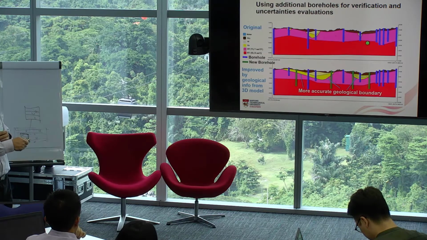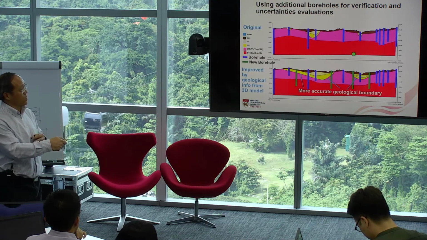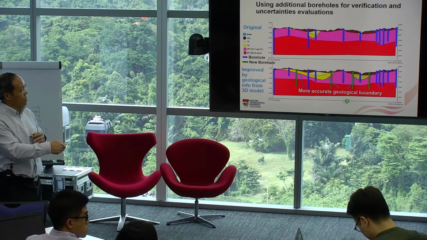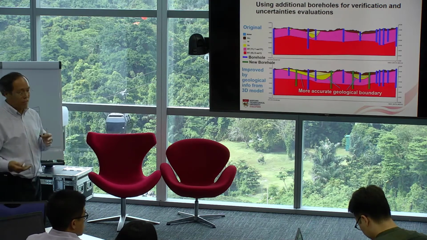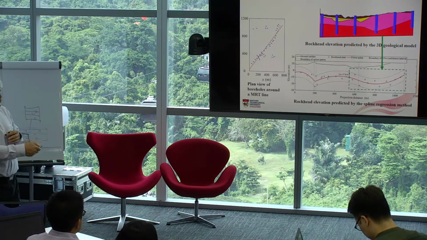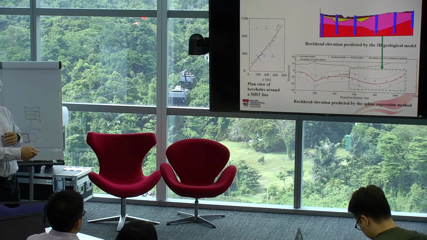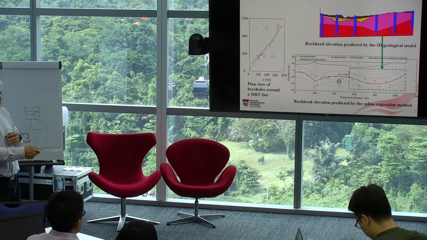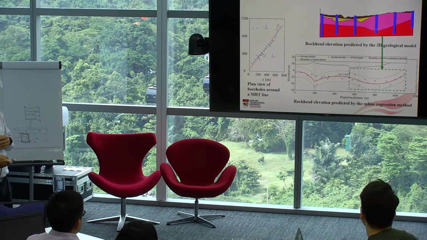From here, we will be able to see whether our model, in terms of the interface, is reliable, by comparing our model with the real borehole data. Another way, of course, is to do some statistical analysis using mathematics to have an estimation of the uncertainties involved.